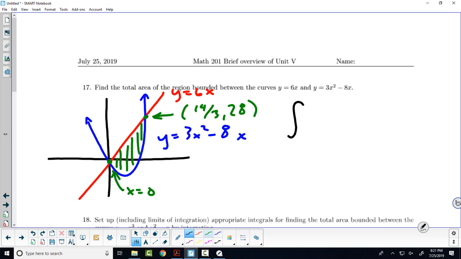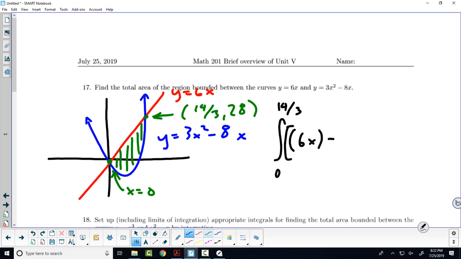The area between the two curves will be the integral from 0 to 14 thirds of which curve is above? 6x. We see that 6x is above the other curve. How come? Well, from our picture. What if you didn't have a picture?